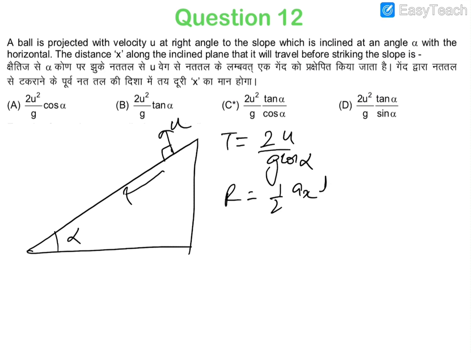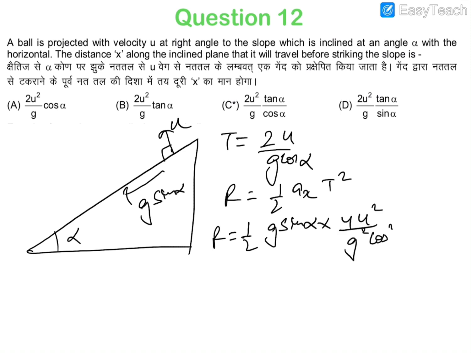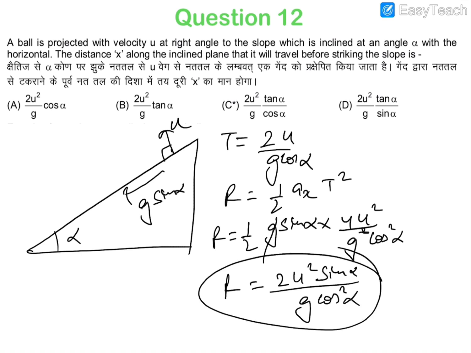T is the time of flight, so it would be capital T. So range will be equal to half, ax will be g sine alpha, so this is g sine alpha, and t square will be 4u square upon g square cos square alpha. So range will be equal to 2u square sine alpha upon g cos square alpha. This is the range, and you can see that the correct option will be option C.